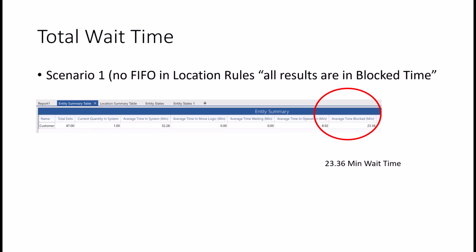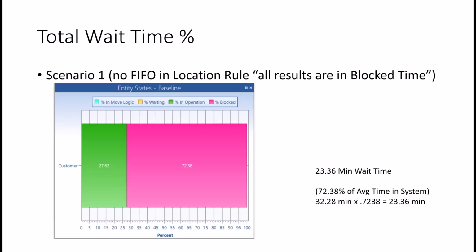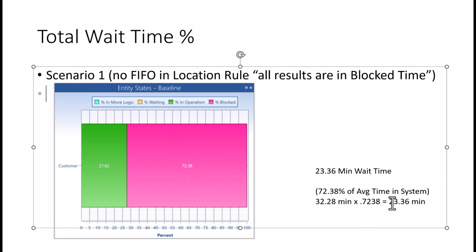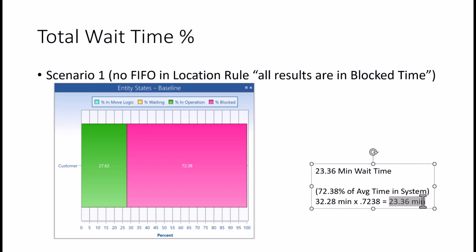Now let's evaluate the total wait time in a chart in terms of percentage. If the average time in the system is 32 minutes, as we saw, that means that 72% is block time, as you can see in this color. We don't have any waiting time, but everything is represented in our block time, 23.36.